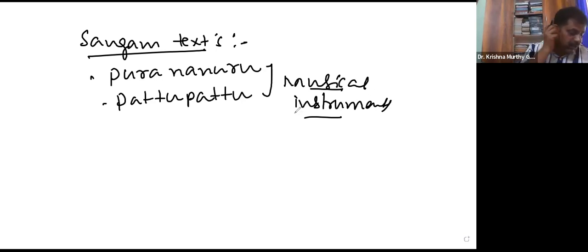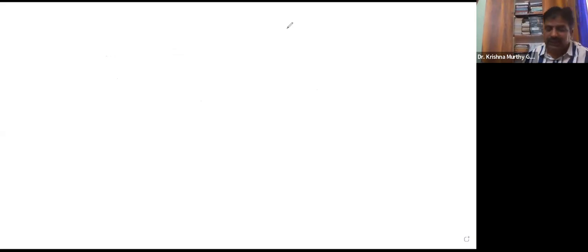Next, another important development, but we have to develop it more, with more evidence about the early medieval period of our country. Another important thing is especially at the time of the Delhi Sultans.